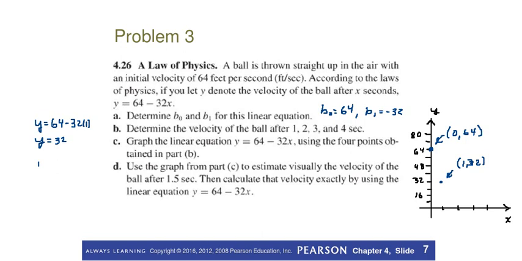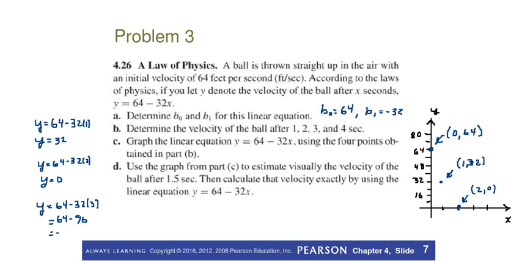What happens at 2 seconds? Well, y equals 64 minus 32 times 2, which is to say y is equal to 0, right? So at 2 seconds, we have a velocity of 0. Let's do 3 seconds, right? At 3 seconds, it would be 64 minus 32 times 3. 32 times 3 is 96, and 64 minus 96 is a negative number.